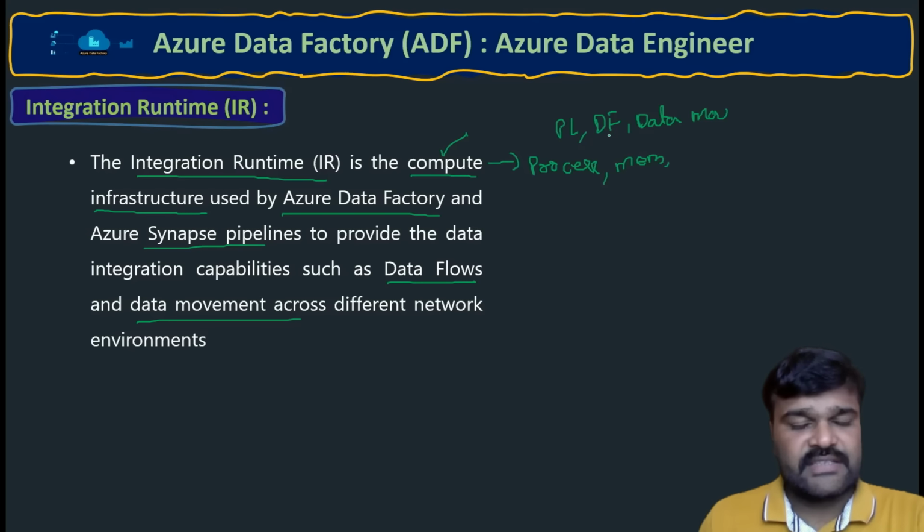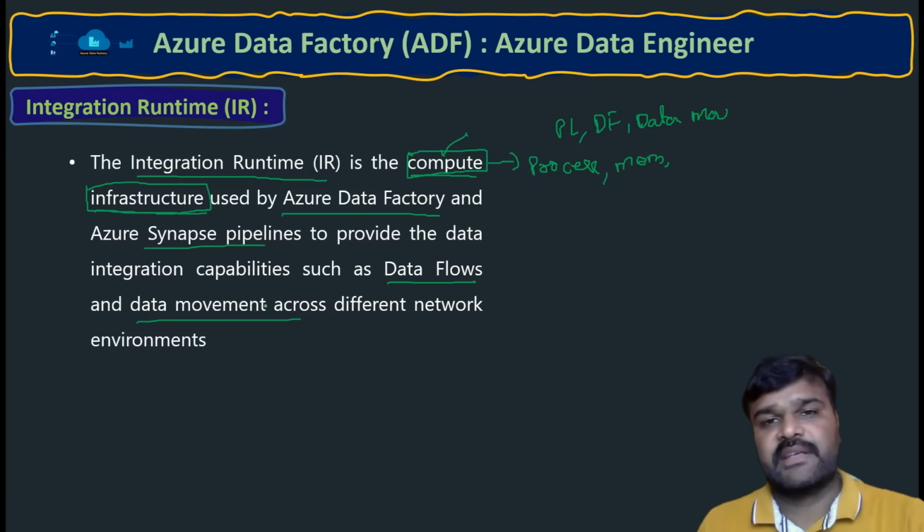So who is supporting in the background? That is the integration runtime. That's why in short, you can call it a computation infrastructure for Azure Data Factory or Synapse Analytics, where you are able to do data flows or data movement across different networks.